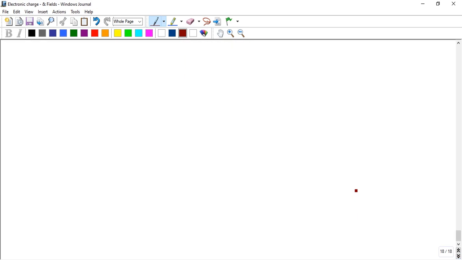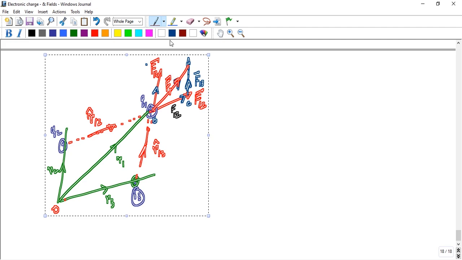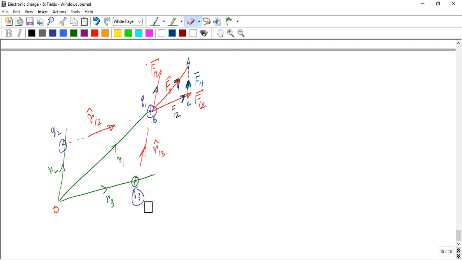So next, there's a diagram here. Say that Q3 is the negative charge, what will happen? If Q3 is the negative charge, and Q2 is negative too, so all three now have changed, that is F13, in that direction.